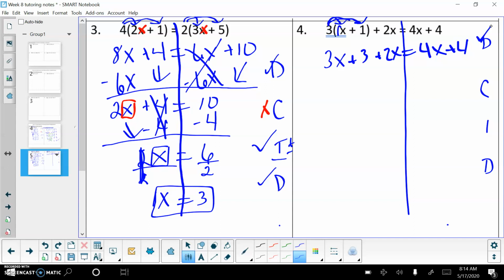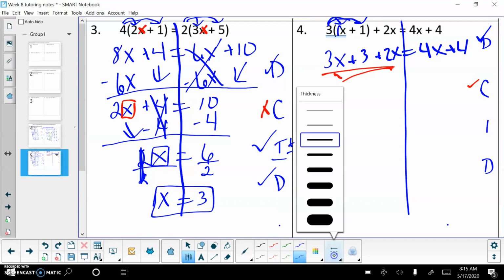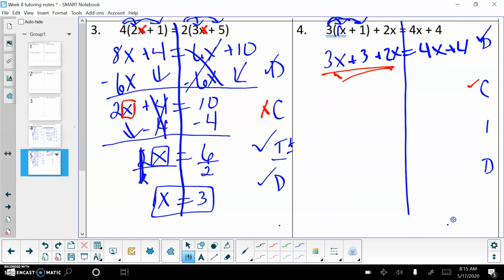Now, as far as the combining step, I'm going to look at the left side. Now, I notice I've got 2 sets of x's there. That would be good to put together, because I've got this 3x here and I've got this 2x there. So if I put those together, then I can do this combine step. It says 3x plus a 2x, so the 2x got a plus sign in front of it, and they're both positive.